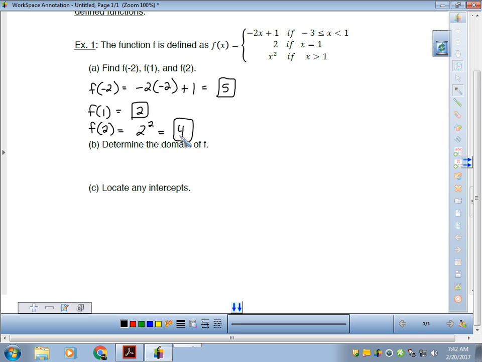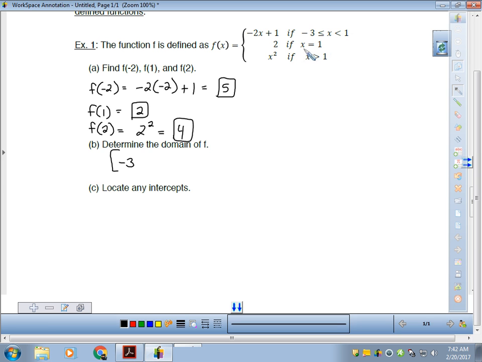Part B asks us to determine the domain of f. Well, what's the smallest number we can plug in? If we look, this piece goes the smallest, and the smallest number it can plug in is -3. Can we include the -3? Because of the equal to, yeah, we can. Then we start moving forward. This piece goes from -3 all the way to 1, but it doesn't include 1. So you might think we have to stop at 1.